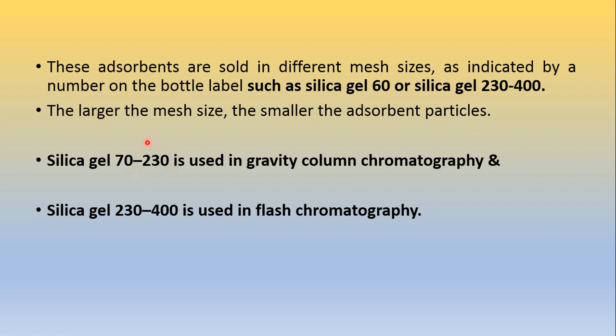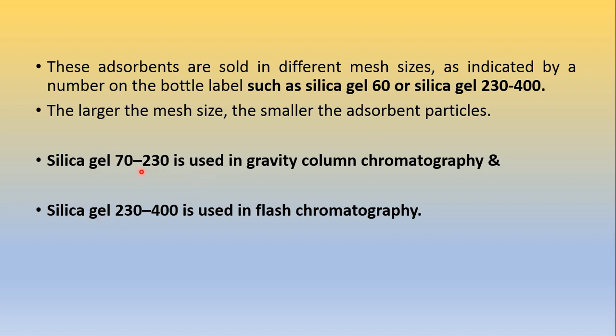See, if mesh size is low, it means the particle size of that adsorbent is high. If mesh size is high, it means the particle size of that adsorbent is low. So here the mesh size is low, it means the particle size is high, the particles are larger compared to this.